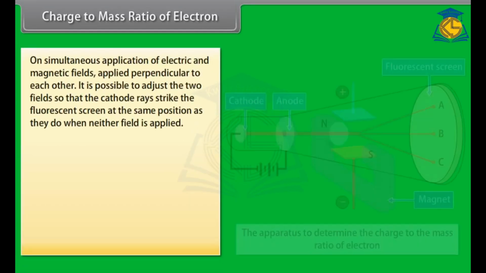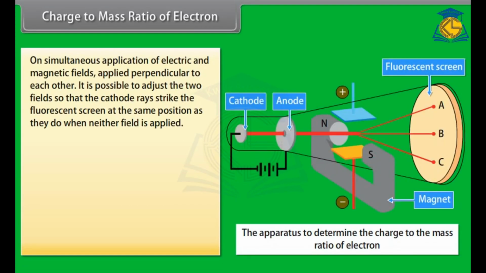Charge to mass ratio of electron. On simultaneous application of electric and magnetic fields applied perpendicular to each other, it is possible to adjust the two fields so that the cathode rays strike the fluorescent screen at the same position as they do when neither field is applied.